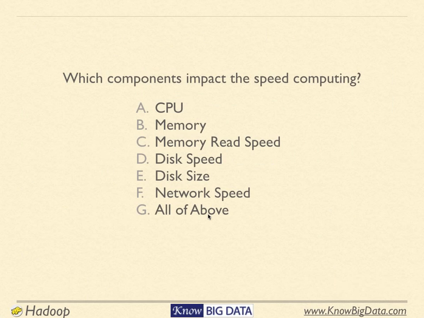And disk speed, disk size, network speed, or all of the above. What are the components that impact your computing ability? Think about any computing. What are the components that impact your computing?